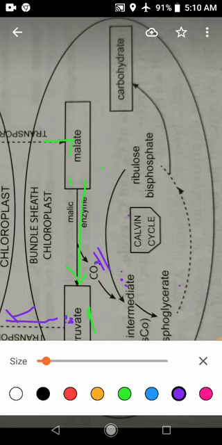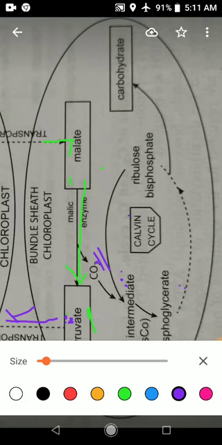In the Calvin pathway, already you have studied, in the presence of ribulose bisphosphate carboxylase enzyme, the 5 carbon compound ribulose bisphosphate combines with carbon dioxide to form phosphoglyceric acid, and that phosphoglyceric acid changes into phosphoglyceraldehyde.